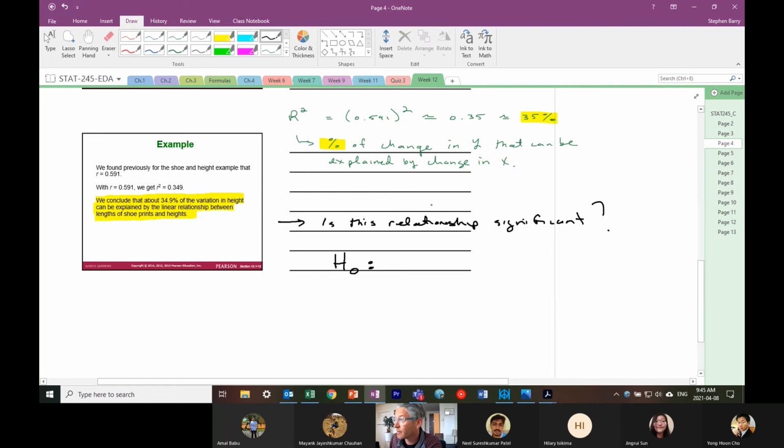So just like R is the sample correlation coefficient, we're going to use rho. It kind of looks like a P, but more on its side like that. This is going to be the population correlation coefficient.